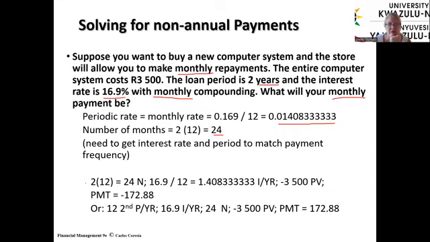Either have your PYR setting on 1, the first way, and then you've got to divide your rate by 12 and enter that as your IYR, or make your PYR setting 12 and put in your annual rate and your calculator will divide it. And remember this PYR setting, as I've said quite often before, only affects your interest rate, your IYR. You still have to make your N in terms of months in this case. It doesn't multiply that for you. All right.